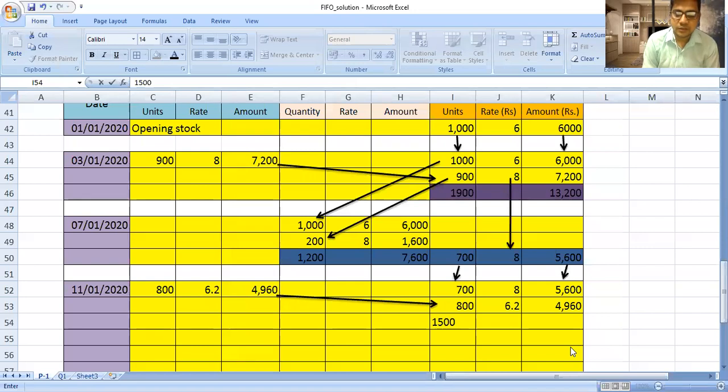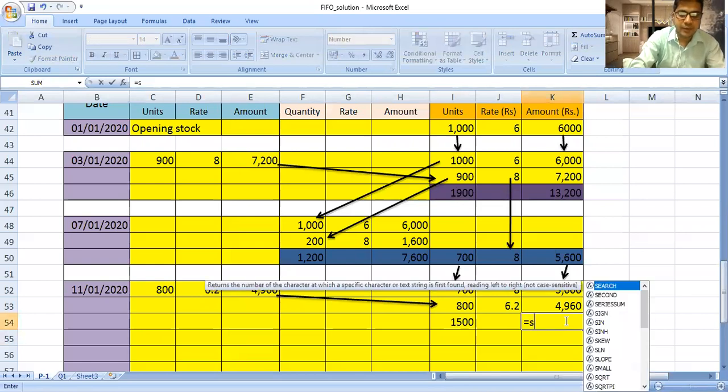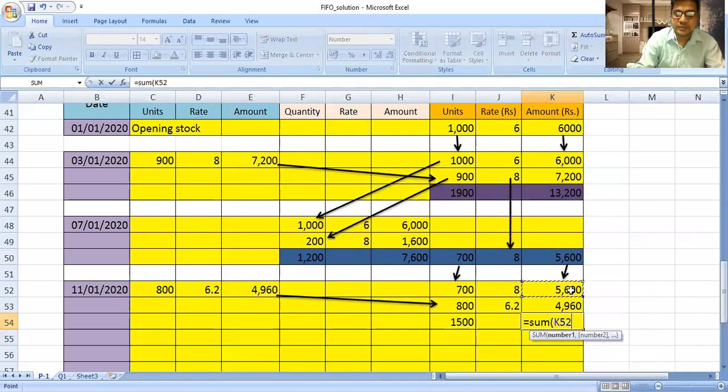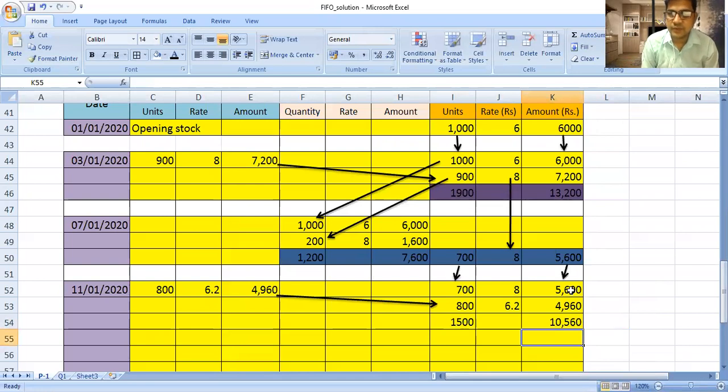Now friends, here we got the total of these two units. Then after that we have to find out the total of the value. 5600 plus 4960, the total will be 10,560.